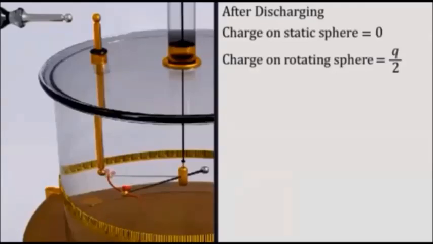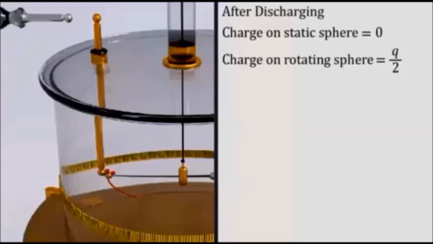Next, by adjusting the micrometer screw, the rotating sphere is made to contact the static sphere. So what will happen now? Again, due to conduction, there will be sharing of charges between these two spheres. That is, the Q by 2 charge from the rotating sphere gets shared between the two spheres.